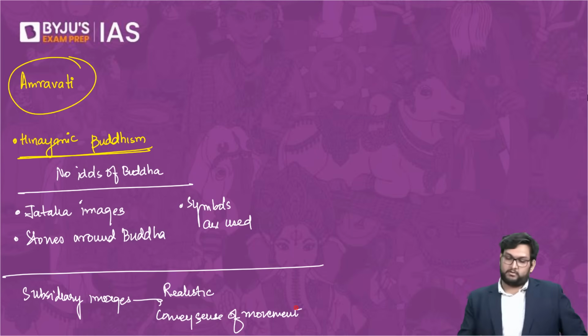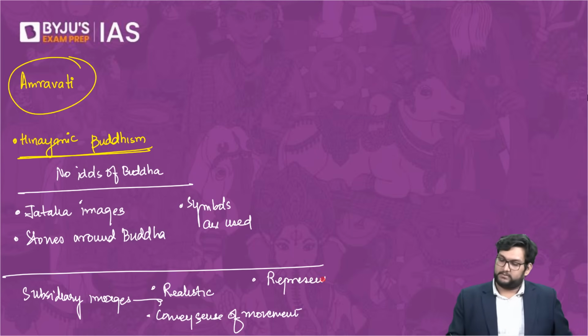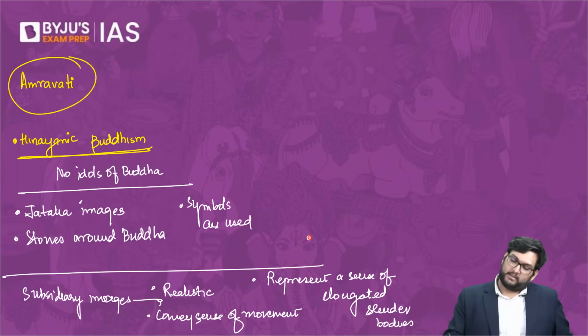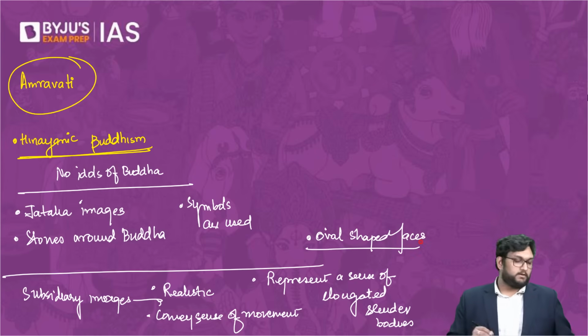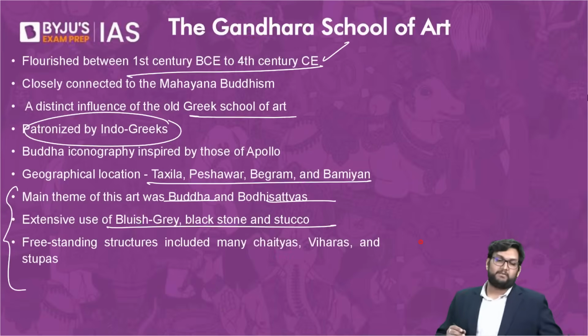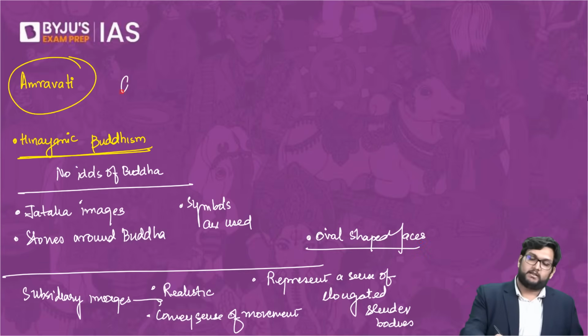They also represent elongated, slender bodies and have oval shaped faces in most cases. And this is where Amravati, one more thing, which is greenish black sandstone.